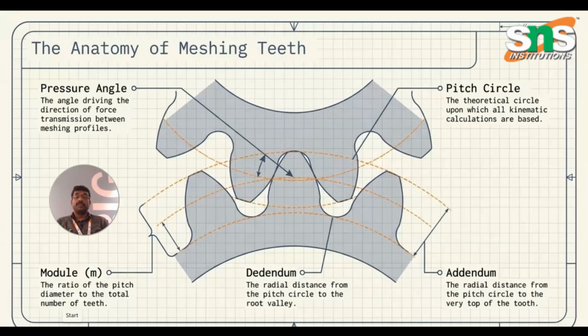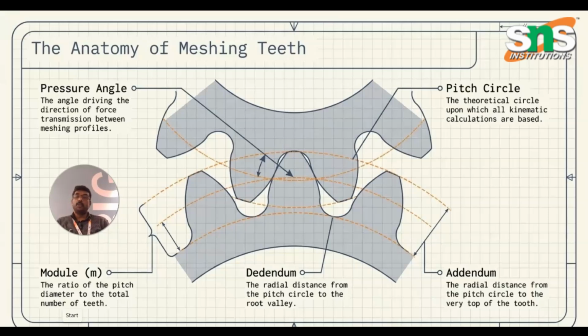That is, the physical contact between the two gears can be made even if they are different in number of teeth or different in size. But the only condition is that both the gears, either the small or the large gear, must always have the same module irrespective of their sizes. So it gives the significance of this factor module.